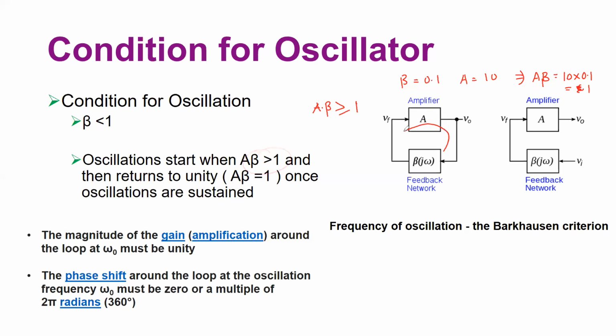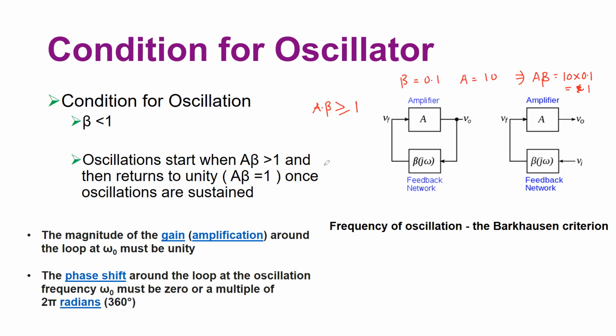And that loop gain you calculate by breaking the loop somewhere. For example, I have opened the loop here. So you got this VO, and then there is an input to the feedback, so VI is essentially your VO. Your oscillation will start when A beta is greater than 1, and then it will stabilize when the loop gain decreases and settles at A beta equal to 1.